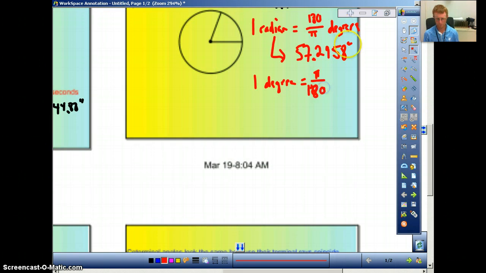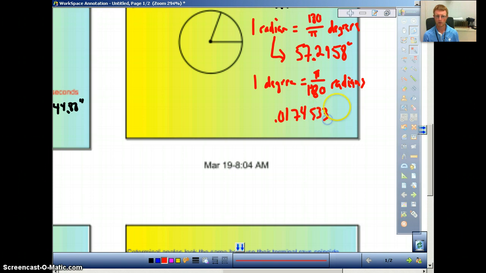Sorry about this writing. So pi over 180, okay, and that's radians. And again, we can put that into a calculator to get 0.0174533. And that's, again, radians. So we're going from degrees to radians, radians to degrees.